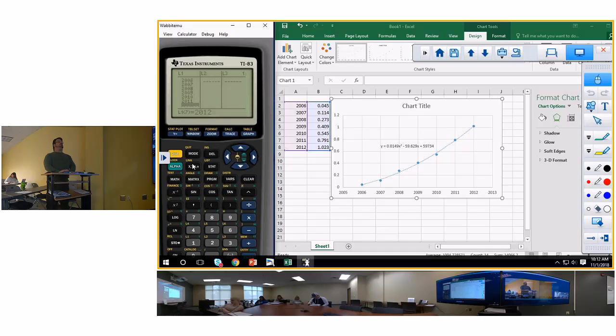And then go up to our next list and type in 0.045, 0.114, 0.273, 0.409, 0.545, 0.791, and 1.023.